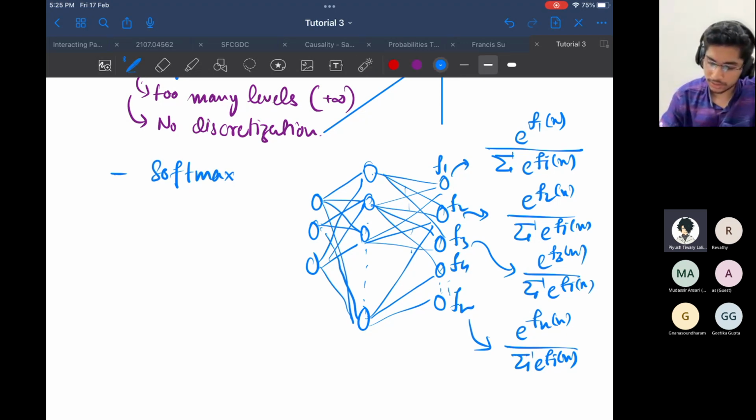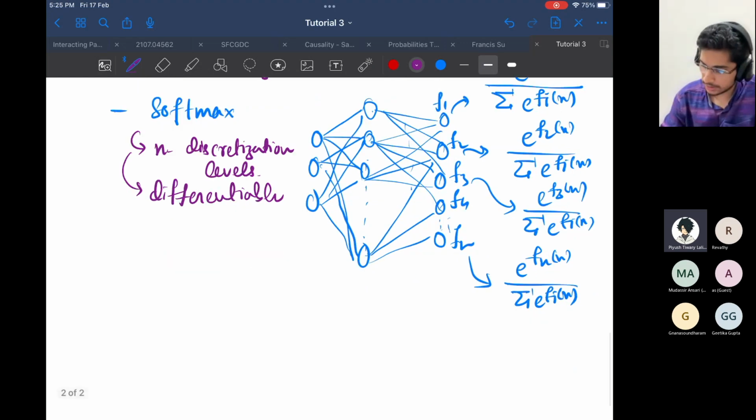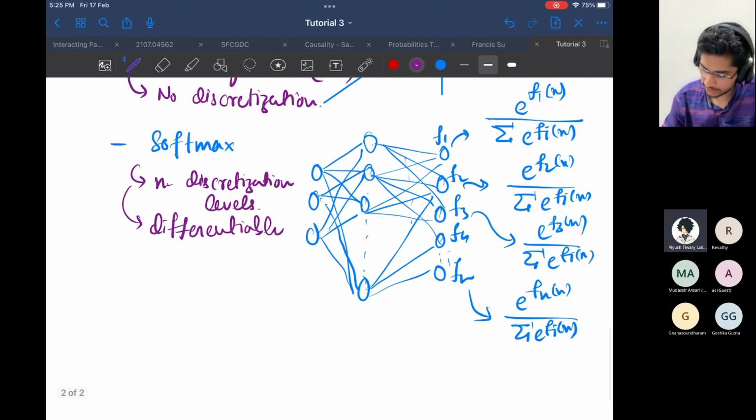So by construction, it satisfies everything that we need in a multi-class classification problem. So what are the properties that we required? First one was n discretization levels, differentiable. You can actually differentiate each function with respect to the parameters. Differentiable, and what else?